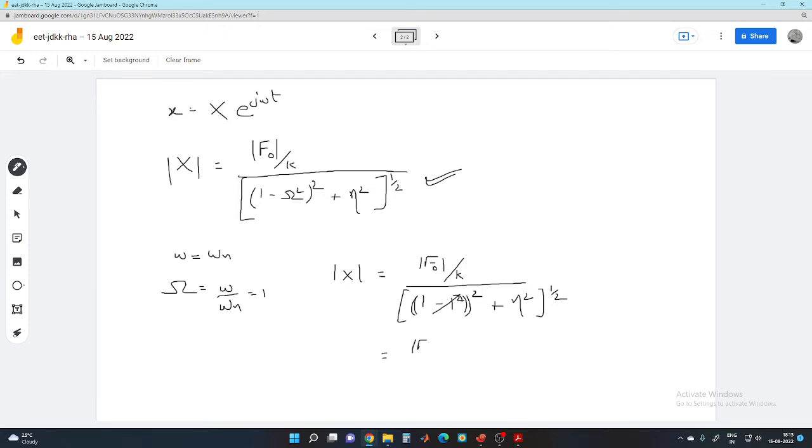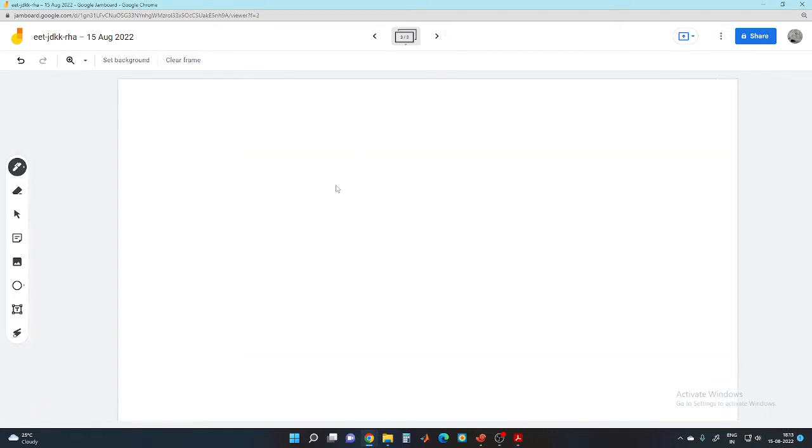So mod of f naught by k upon eta square to the power 1 by 2, which is in turn mod of f naught by k into eta. So mod of x is nothing but mod of f naught upon eta k.